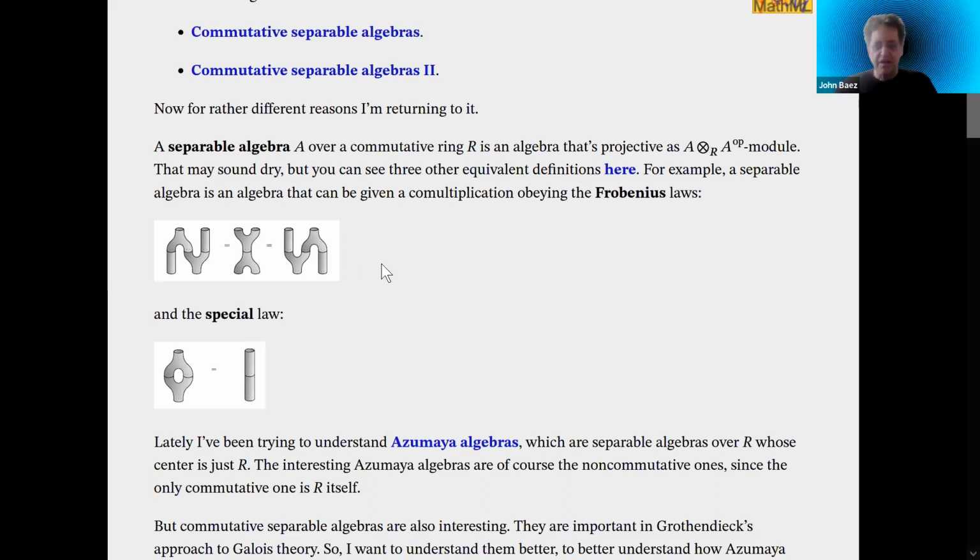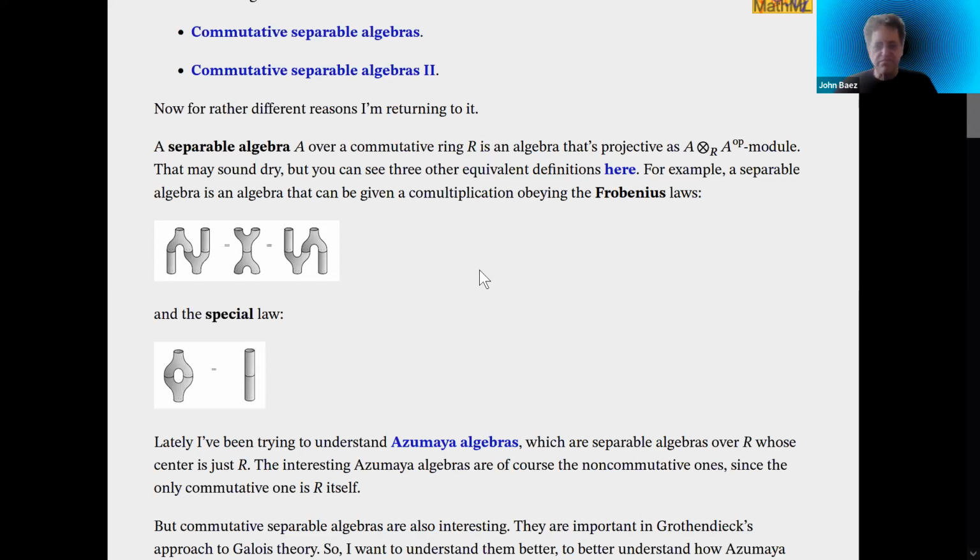If you impose it as a structure, then the only morphisms of separable algebras that preserve both the algebra structure and this extra co-multiplication are isomorphisms. That's similar to how the only morphisms between Frobenius algebras are isomorphisms.